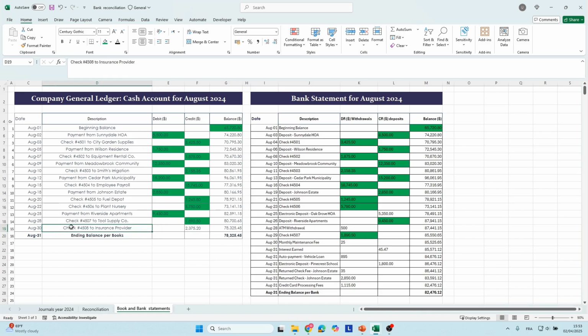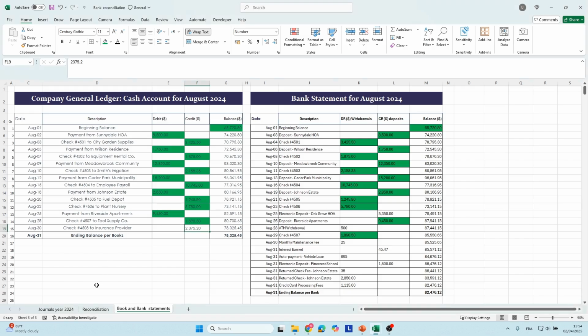That is check 4508 issued to insurance, but has not cleared in the bank. So here we need to adjust this value in our bank account. So we need to deduct this amount.